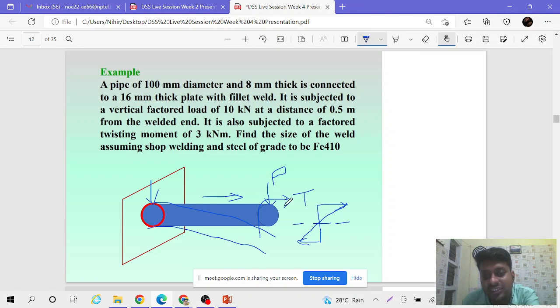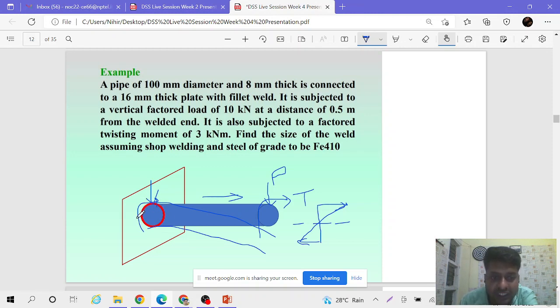Now consider this torsion. First let me ask you, is this bending stress clear to everyone? How bending stress is generating in the normal direction, is it clear to everyone? Okay, so now because of torsion, what will happen? The torsion will try to rotate this weld like this, so torsion will act here.